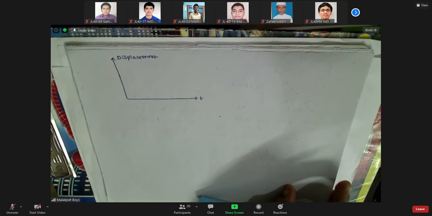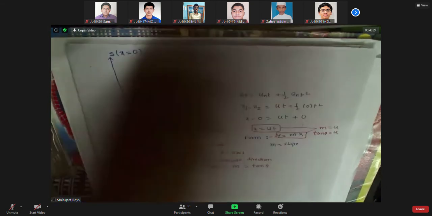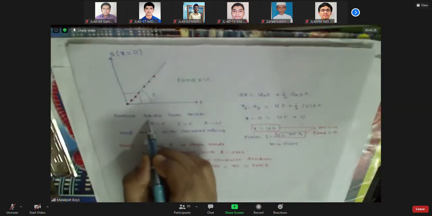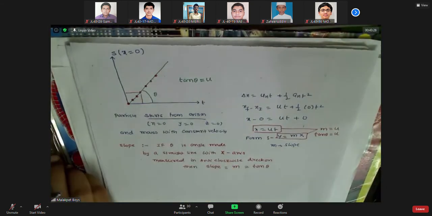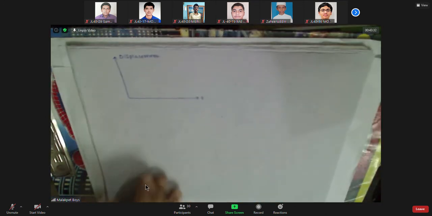Here, in the previous graph, the particle starts from where do you observe? From the origin. Now suppose the particle is not starting from the origin.